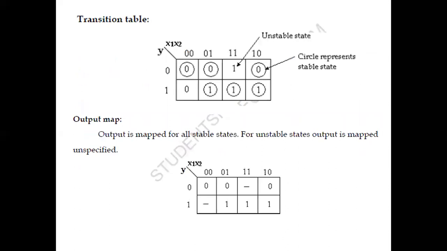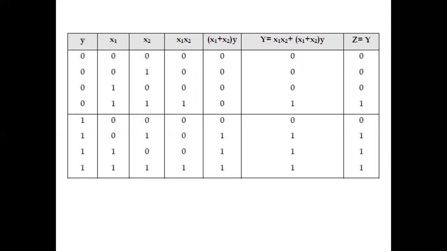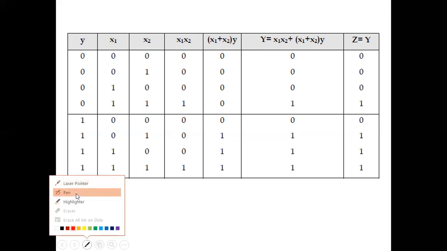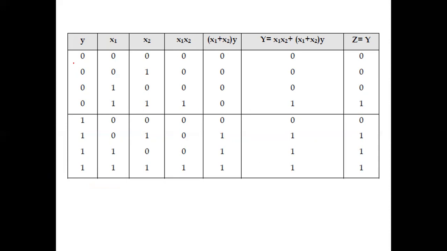Next, you have to draw the transition table. The transition table is used to define the stable and unstable states. So what is an unstable state? In this diagram, the present state is 0 0 0, so the output state will be 0 0 0.